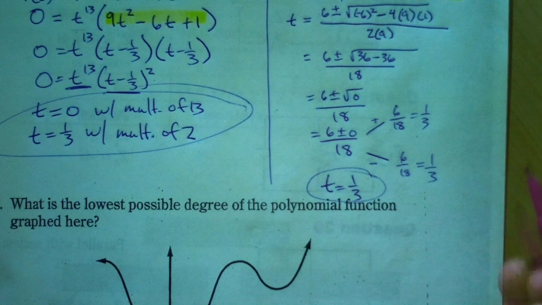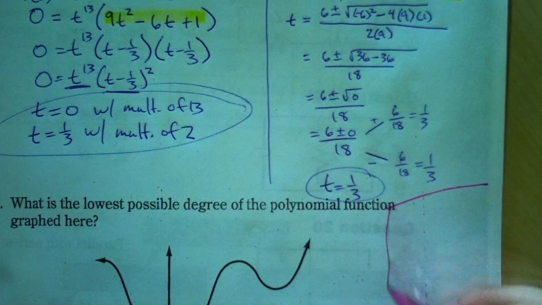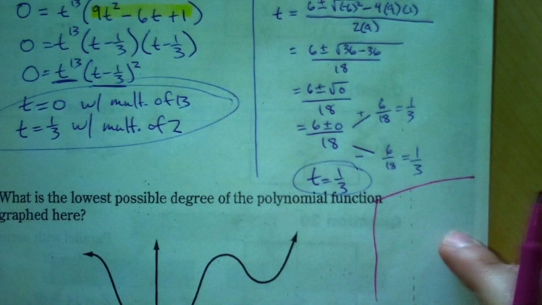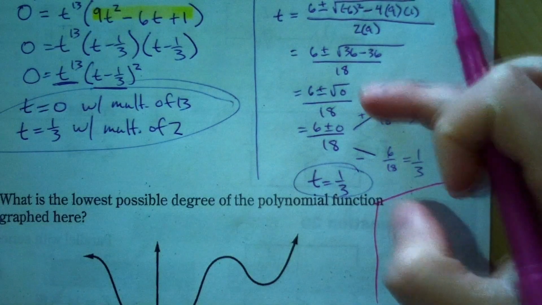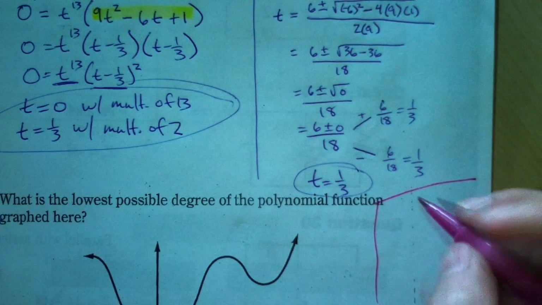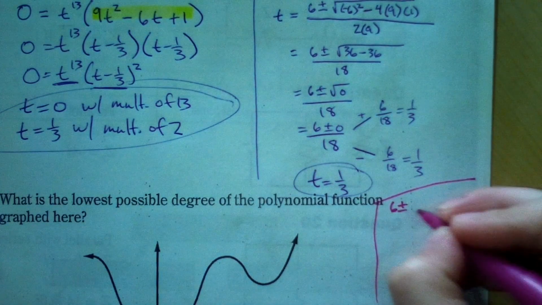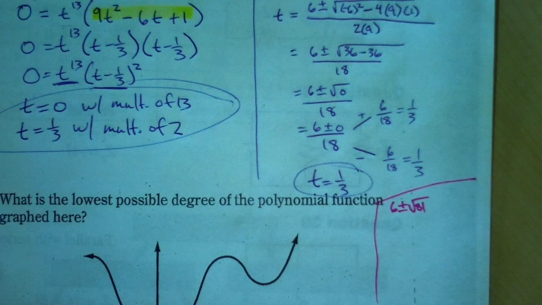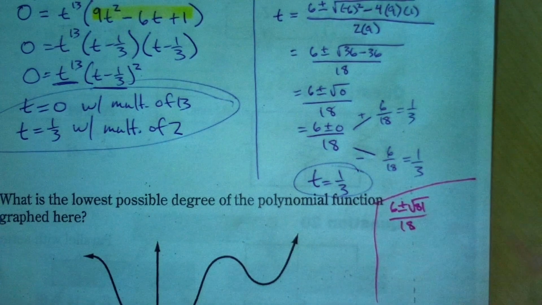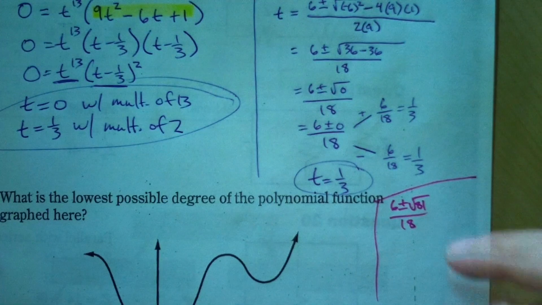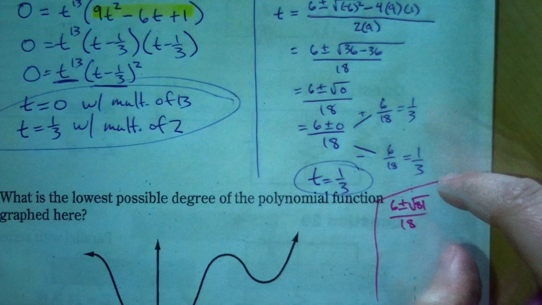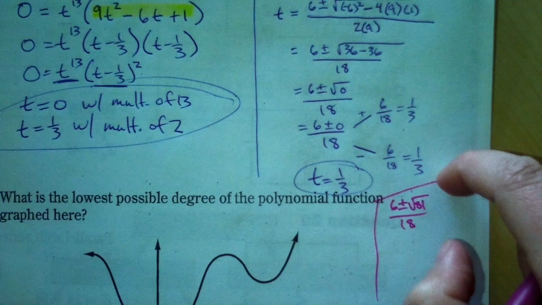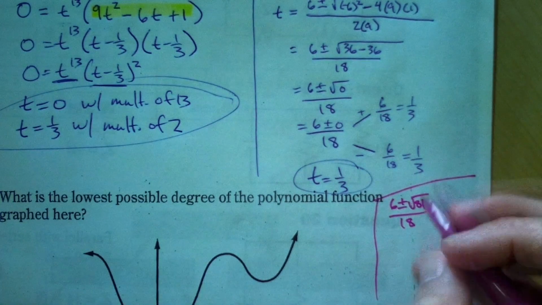What the wiggliness means is that graphs with higher powers have more up and down spots. If it's a power of 2, it's just the U shape. The more powers we get, like a power of 15, the more up and down spots. It can have up to 15 up and down spots. It might not have that many, but it can have up to that many.